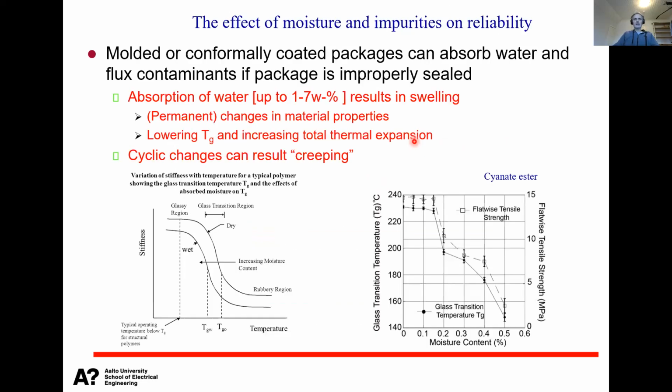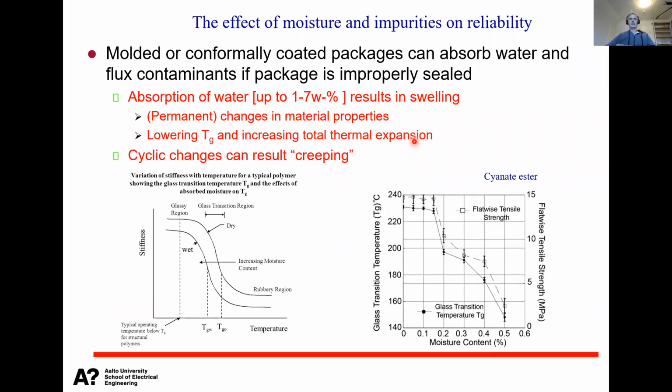Okay, so last time maybe the main point, and I really want to emphasize that this is an important thing to understand, is that when we think about electronic materials, and especially the organic materials, and only the effect of pure moisture, then basically our ceramics and metals are almost insensitive to pure moisture.